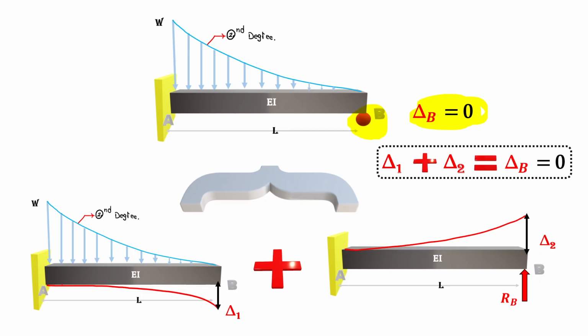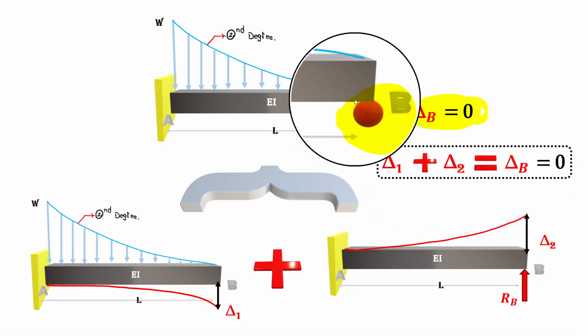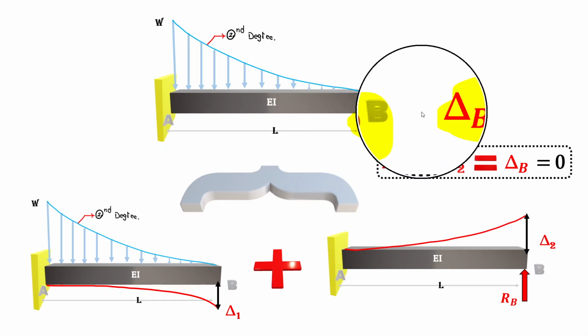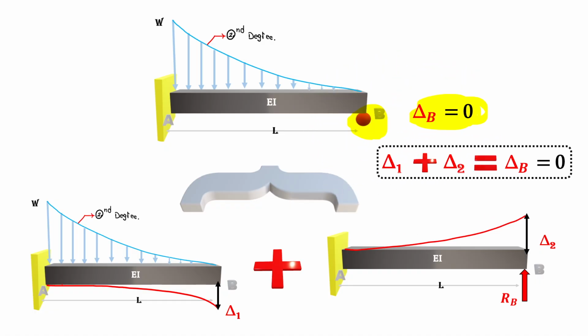Our condition is delta 1 plus delta 2 is equal to delta B, and we do know there is no downward movement for B because there is a reaction at B, so delta B is equal to 0.